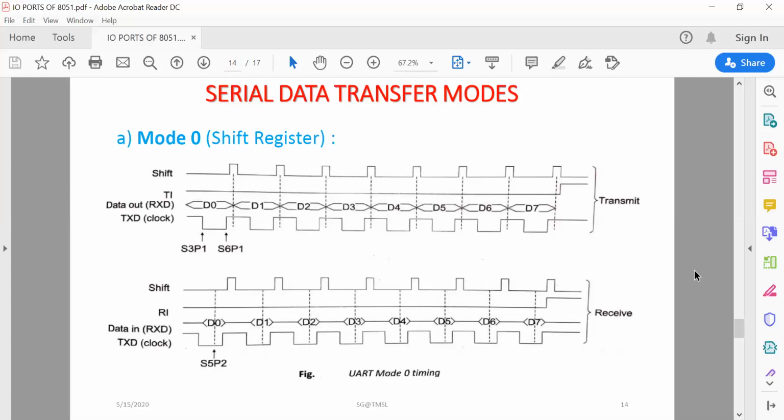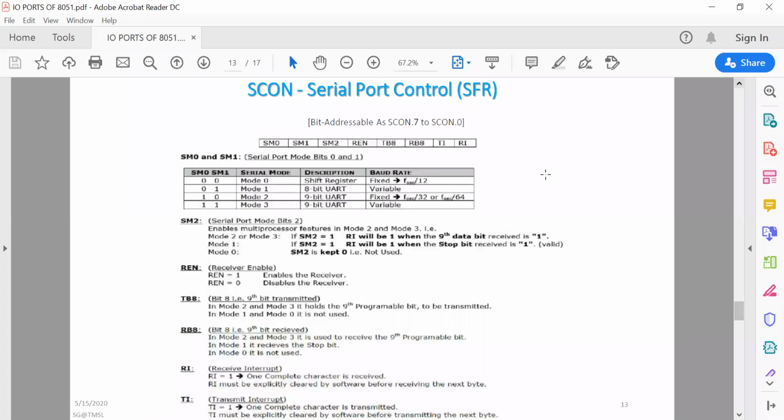Transmission begins by any instruction that uses the serial buffer register as a destination register, regardless of the state of the TI flag. TI and RI are the transmit interrupt flag and receive interrupt flag.